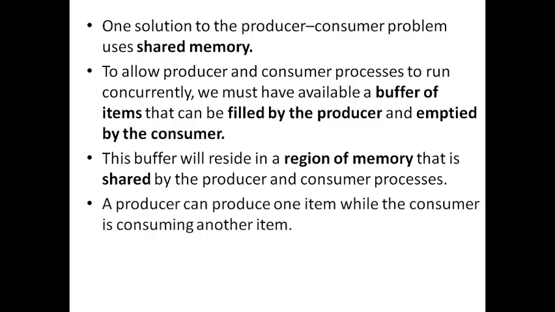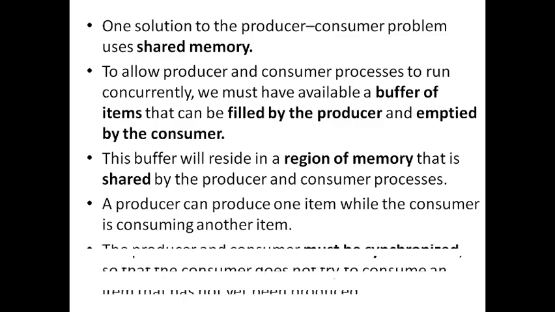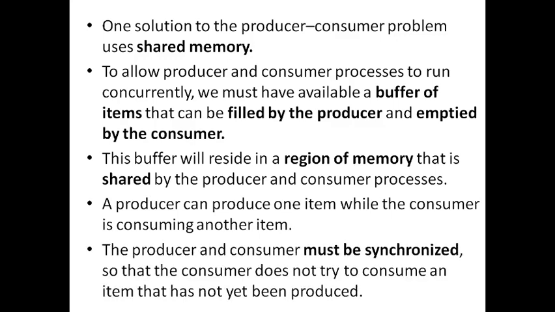A producer can produce one item while the consumer is consuming another item. As I told you, this must be clearly synchronized so that when the producer is putting data into the buffer, it is not interfered with by the consumer. Similarly, if the consumer is currently consuming the data from the buffer, we must keep away the producer for some time.